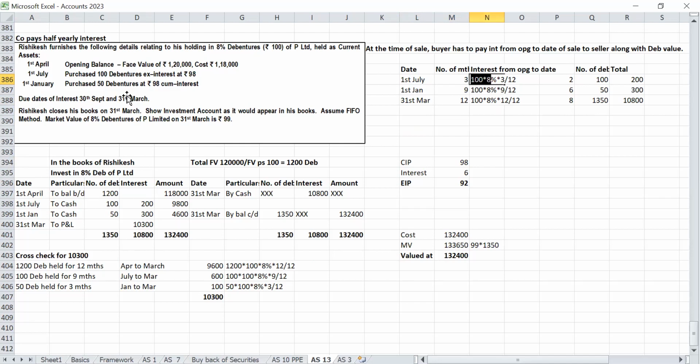Face value. Super. Then number of debentures 100, 2 into 100, 200. To cash, number of debentures 100, interest 200, amount 100 into 98.